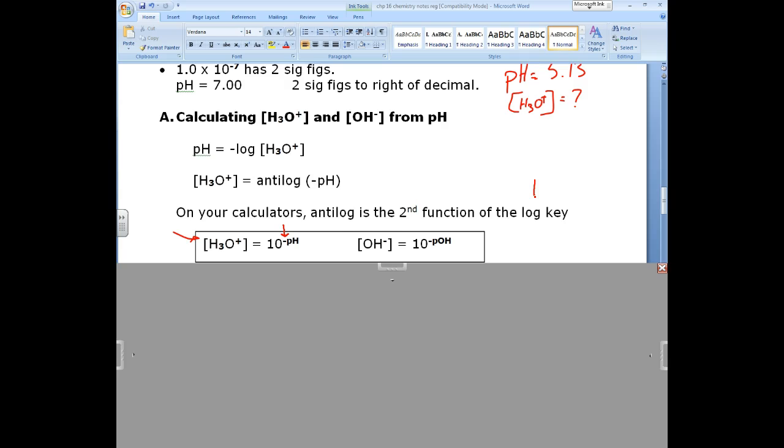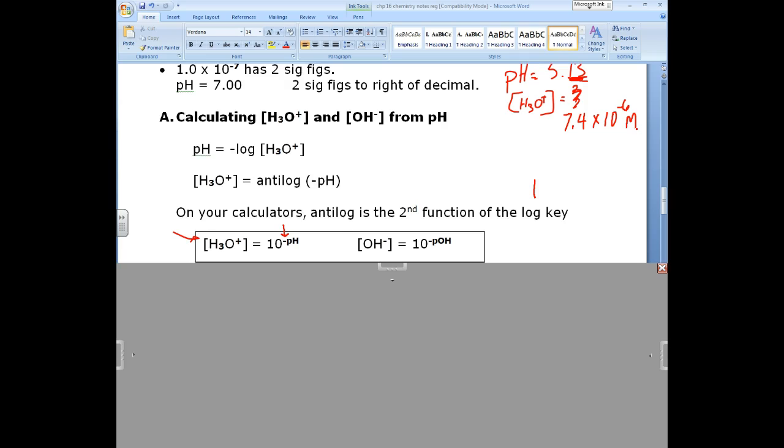And then I need to put that in scientific notation. So my hydronium ion concentration would be 7.4. I need 2 sig figs because that's how many are to the right of the decimal, times 10 to the negative 6 molar. Again, if it is square brackets equals, it is always molarity units at the end.